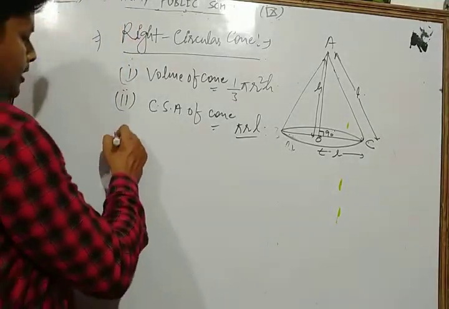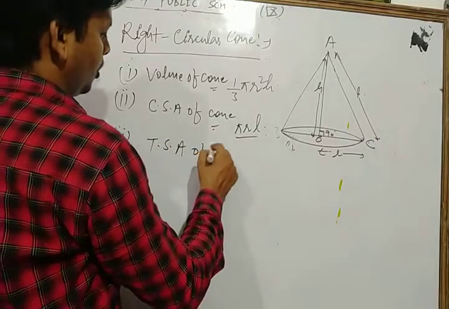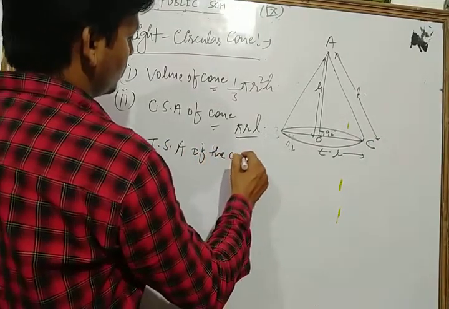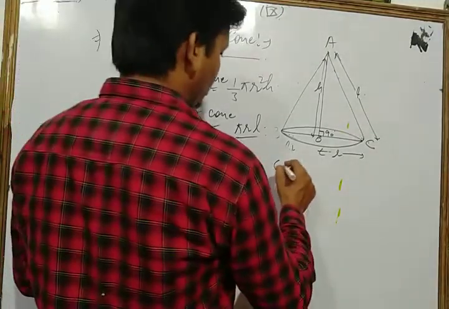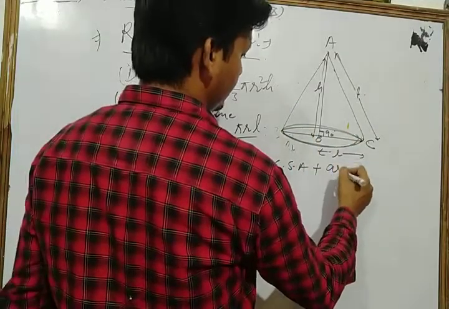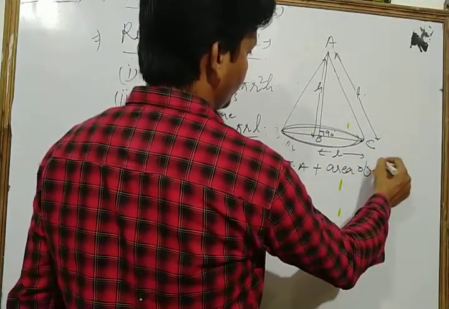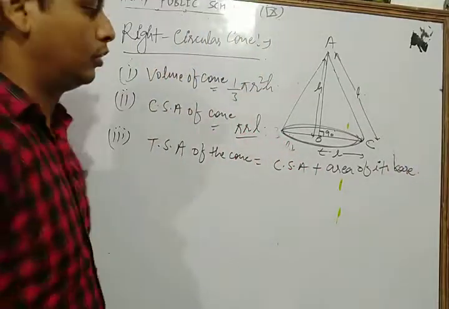Now the third one is the total surface area of the cone. The total surface area of the cone is curved surface area plus area of its base.